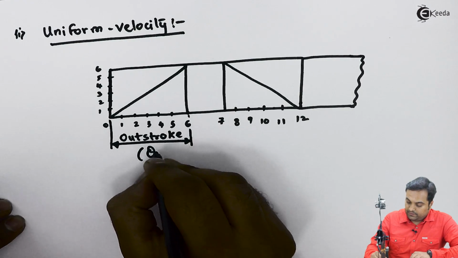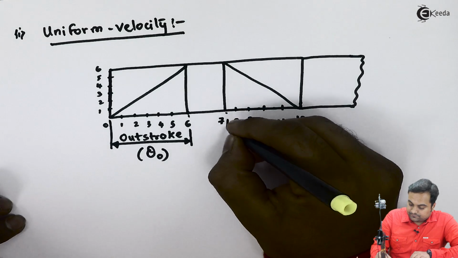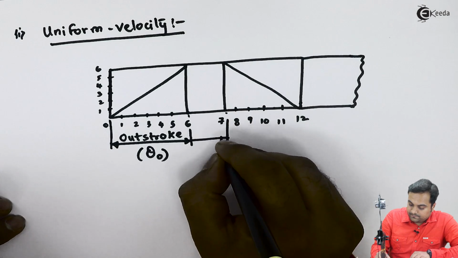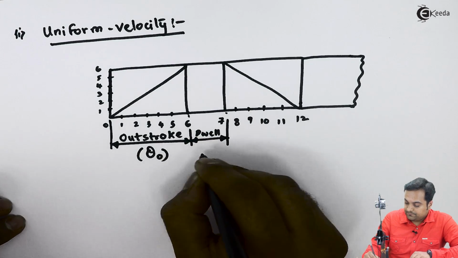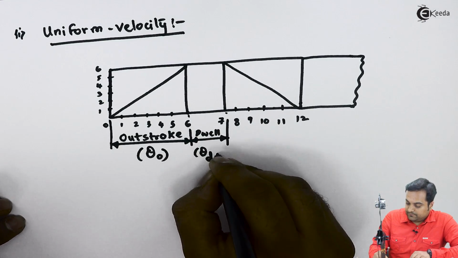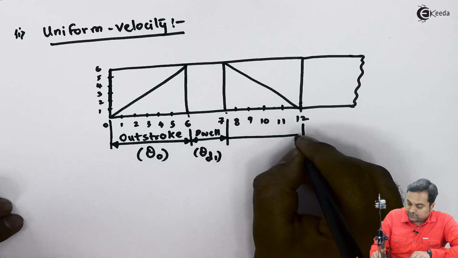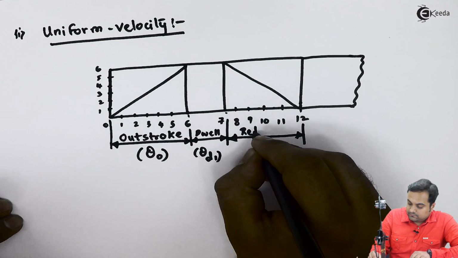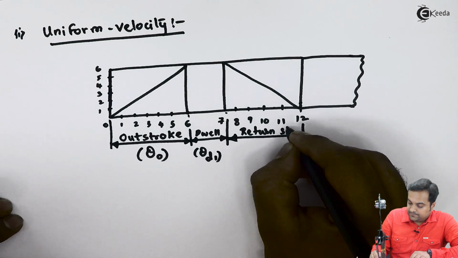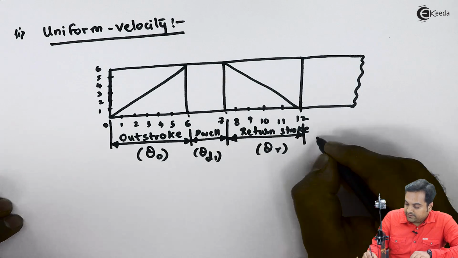Next, between 6 to 7 there will be a dwell, theta D1. Then after the outstroke it will be the return stroke, theta R, and then the second dwell period.